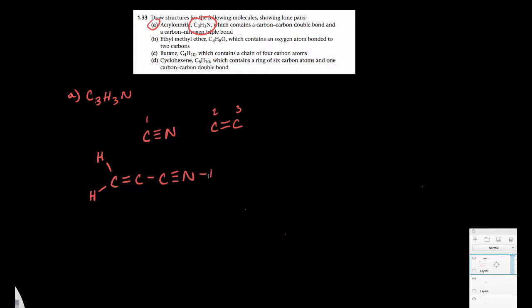What if we put the hydrogen here? Let's see. We have 1, 2, 3, 4 electrons that nitrogen in this case owns, and so therefore it would have a positive charge and no lone pairs.